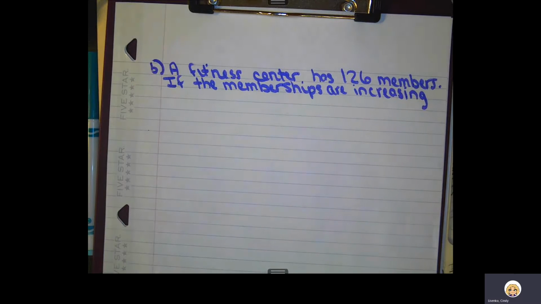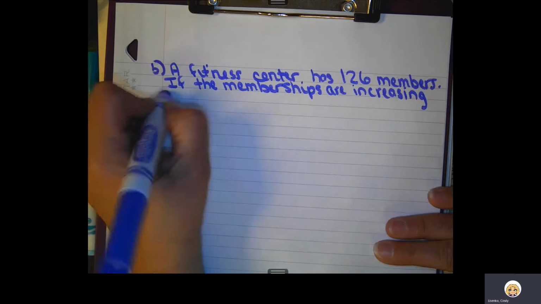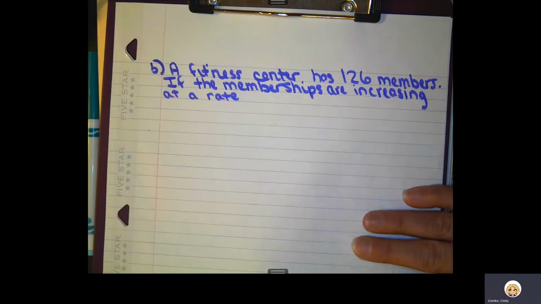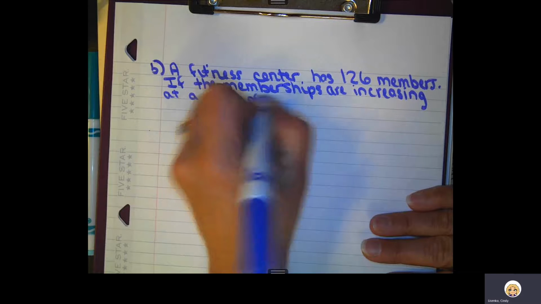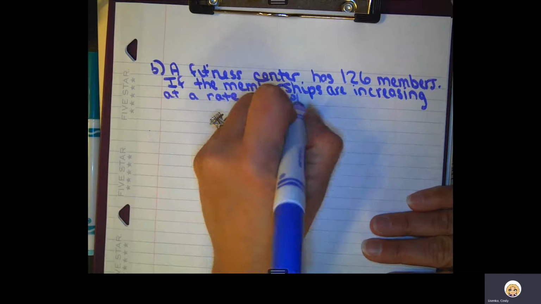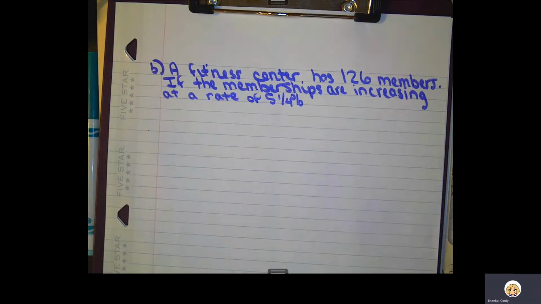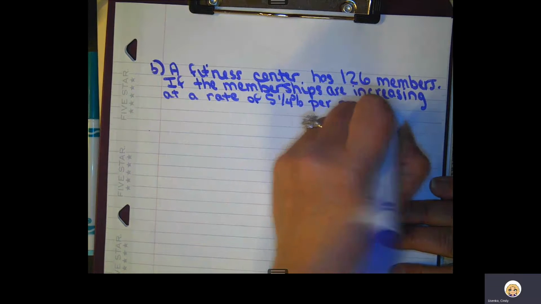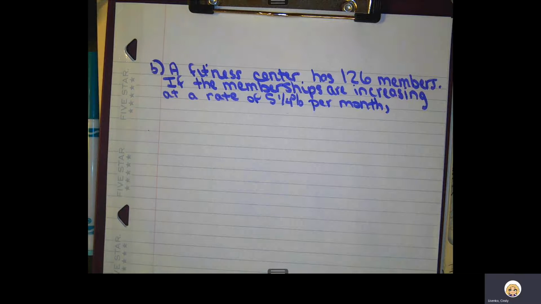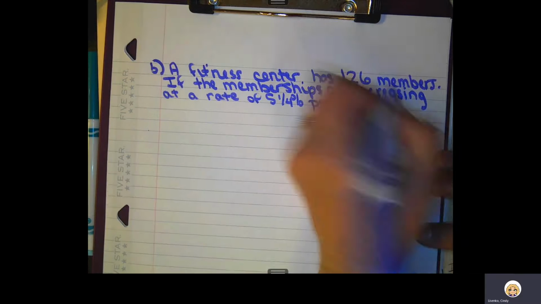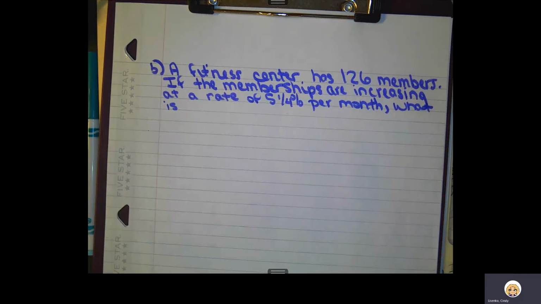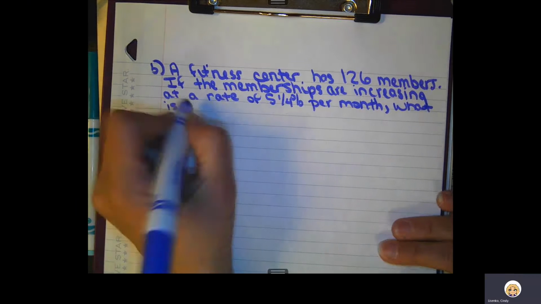So if the memberships are increasing at a rate of 5.25% per month, what is the projected number?